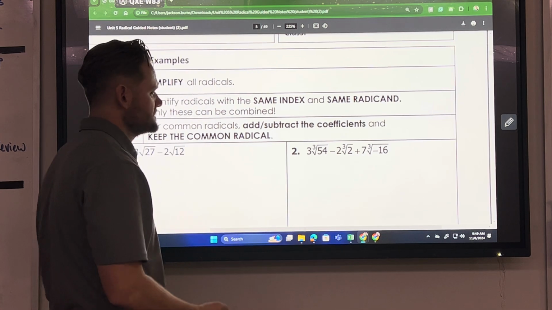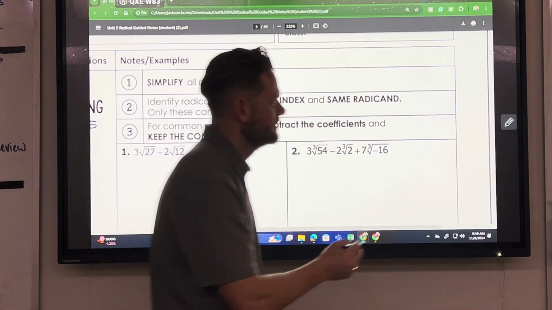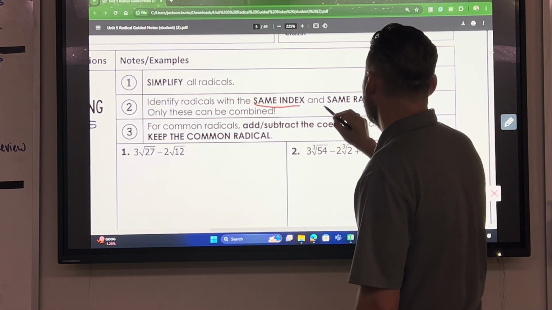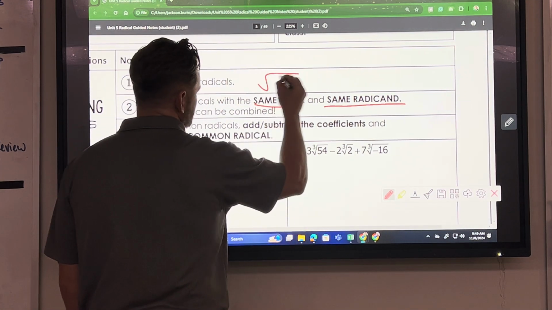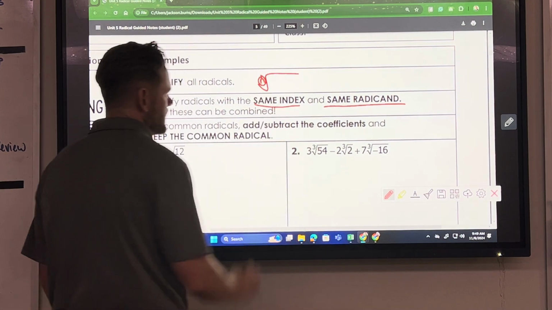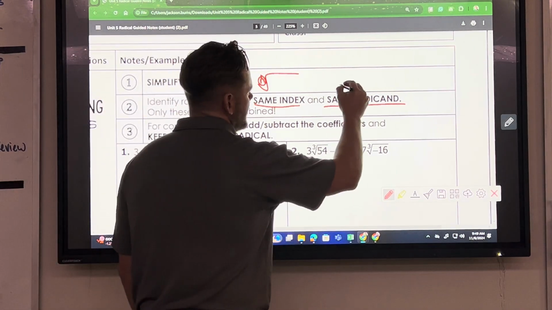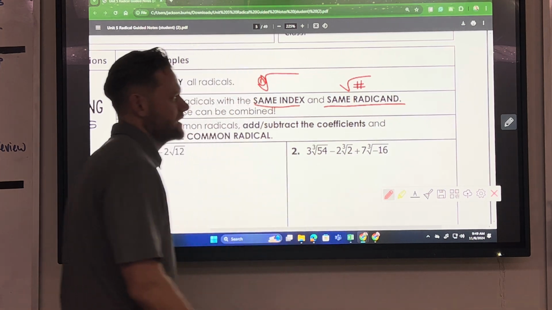Similar to how we multiply fractions, right? We have to have things in common. We have to have the same index and the same radicand. Remember, your index is our number right here, right? What kind of root? Have to have the same, and we have to have the same number under the radical, right?